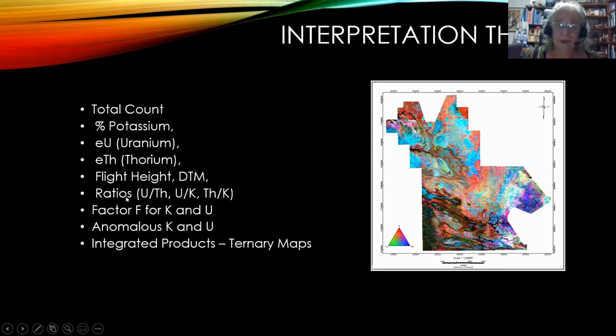There is a very good term that can be used, that is the factor F for potassium and uranium, and this is very good when you have different terrains, the anomalous potassium and thorium, and the integrated products. The ternary maps are the better ones, but you can generate ternary maps with all those different themes.